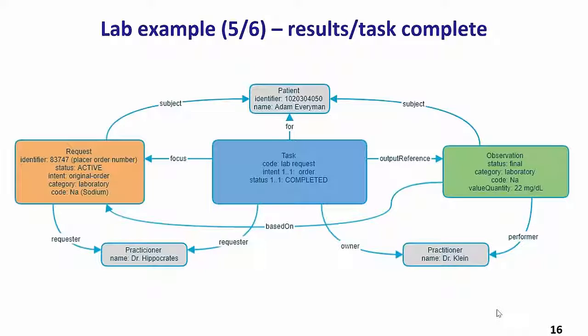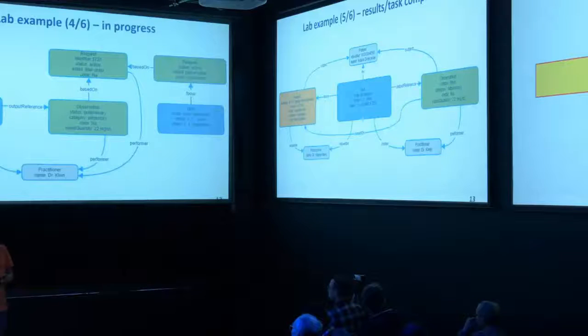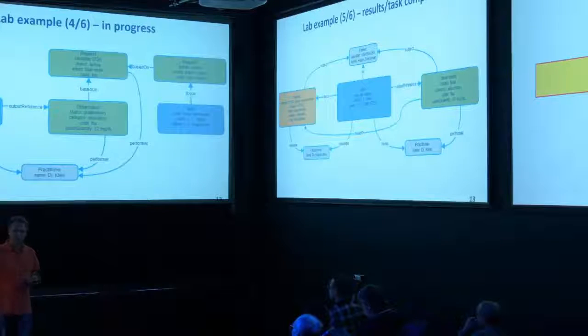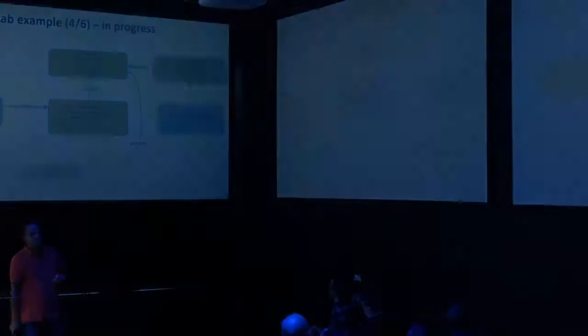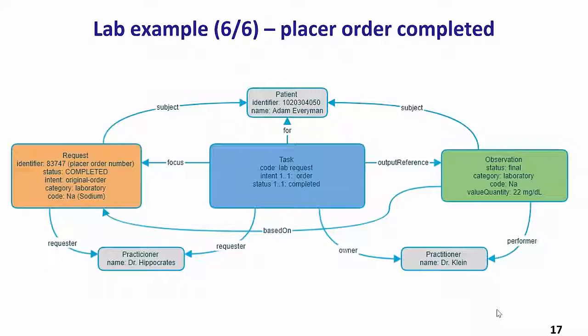But here we see that the request is still active. So as far as the order placer is concerned, they are not aware yet that their request has been performed. So once they discover that, hey, this lab system has set this task to complete, then the requesting system can decide, finally, that my request is now completed.